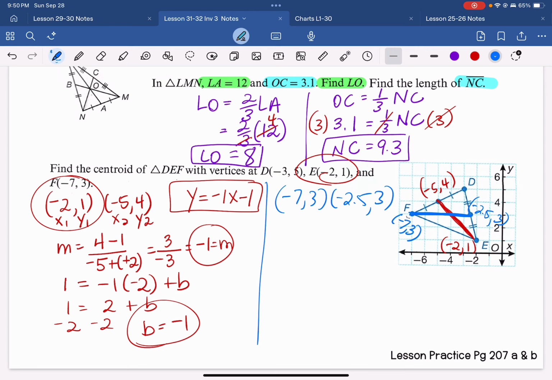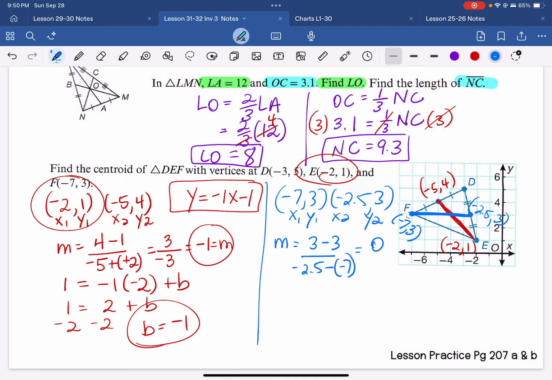Same thing: x1, y1, x2, y2, and the slope is equal to 3 minus 3 over negative 2.5 minus negative 7. I want to stop us right here because the minute you see that the top is 0, you know that m is 0. You don't even have to do the denominator, because when the top is 0, the full answer is 0.